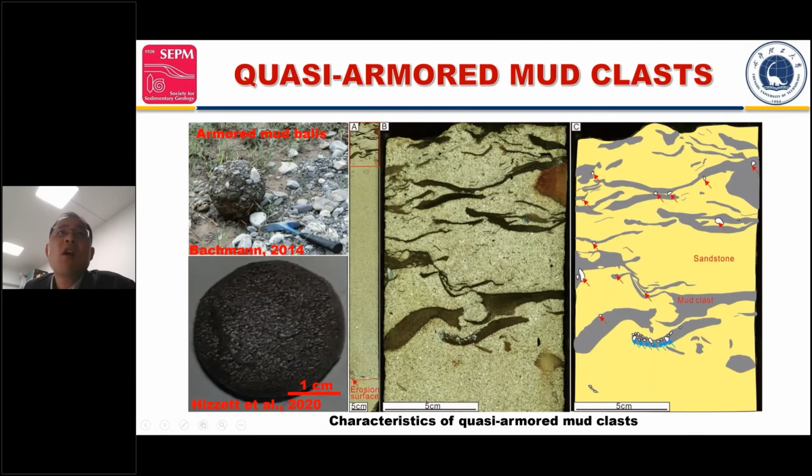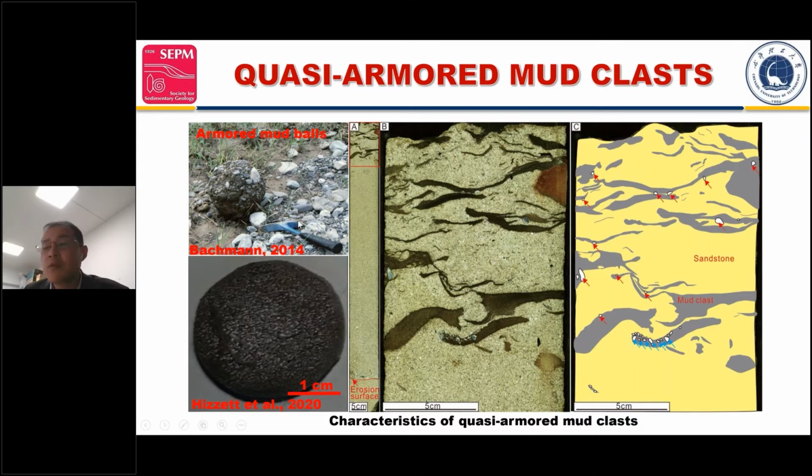So why do we call these Quasi-armored mud clasts? As you can see, the traditional armored mud balls are usually rounded with pebbles or granules and coarse grain sandstone around, and this indicates that the plastic mud was rolled along the bed with the pebbles or granules or coarse grain sandstone, and finally resulted in this round shape.